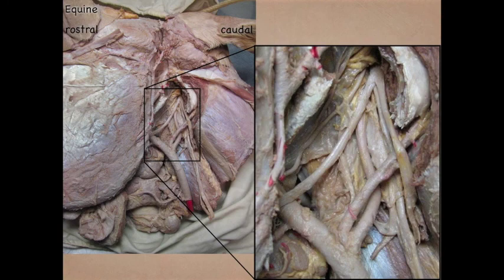Okay, here's another view of this area. Here's our external carotid artery, internal carotid, and occipital artery. We'll do a nice little crossing here. Here's a hypoglossal nerve, which is going to be coursing.